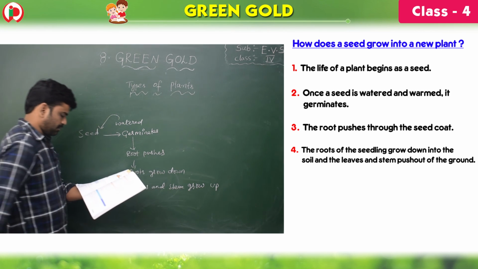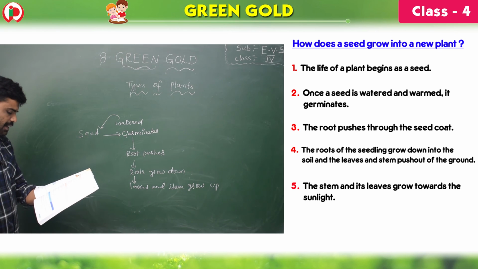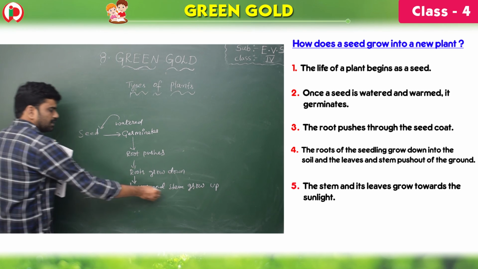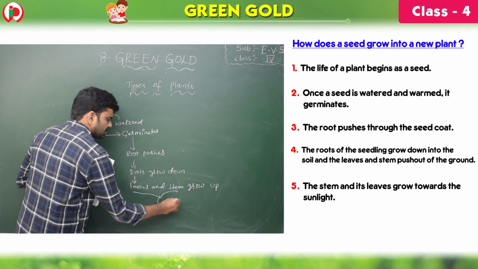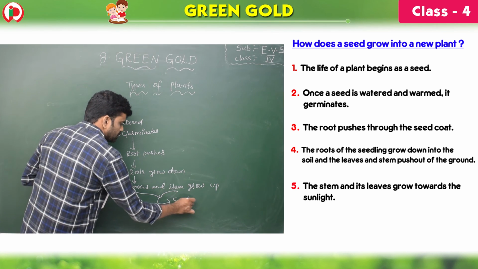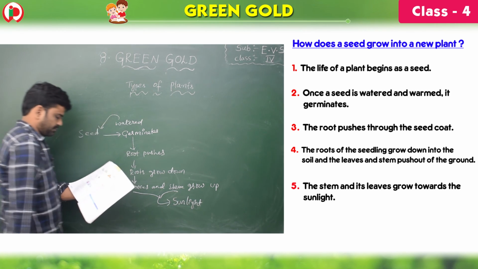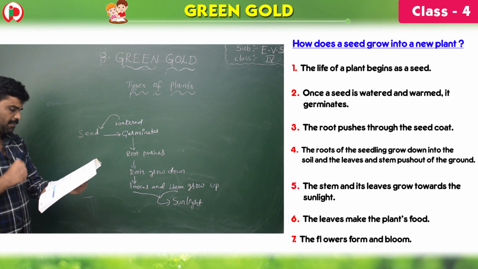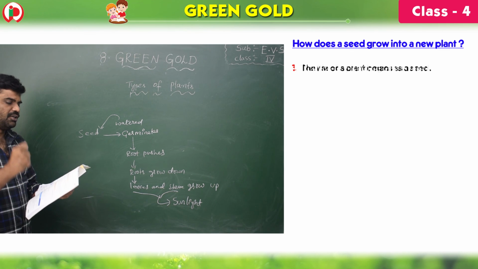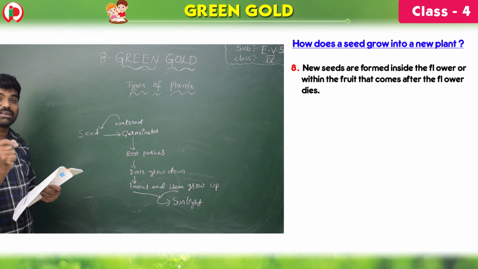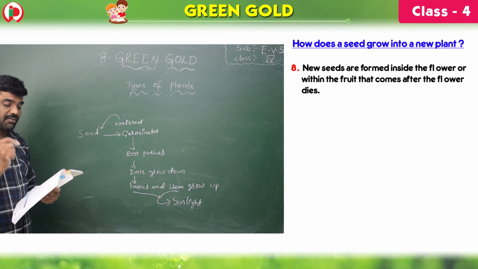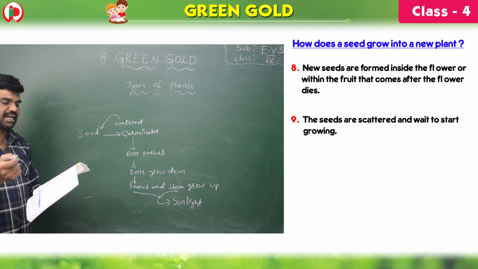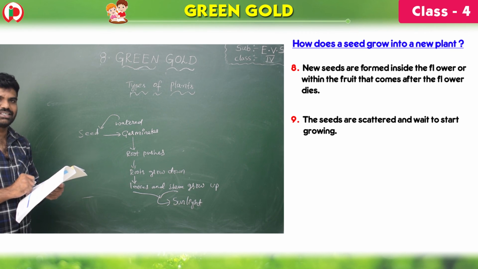The stem and leaves grow towards sunlight. The leaves make the plant's food. The flowers form and bloom. New seeds are formed. Where are the seeds formed? Inside the flower or within the fruit that comes after the flower dies. The seeds are scattered and wait to start growing.